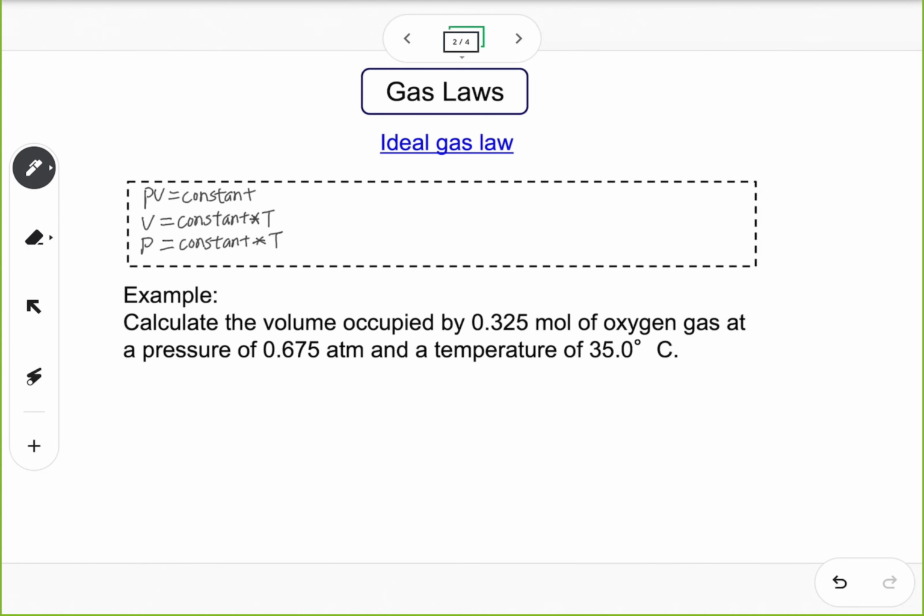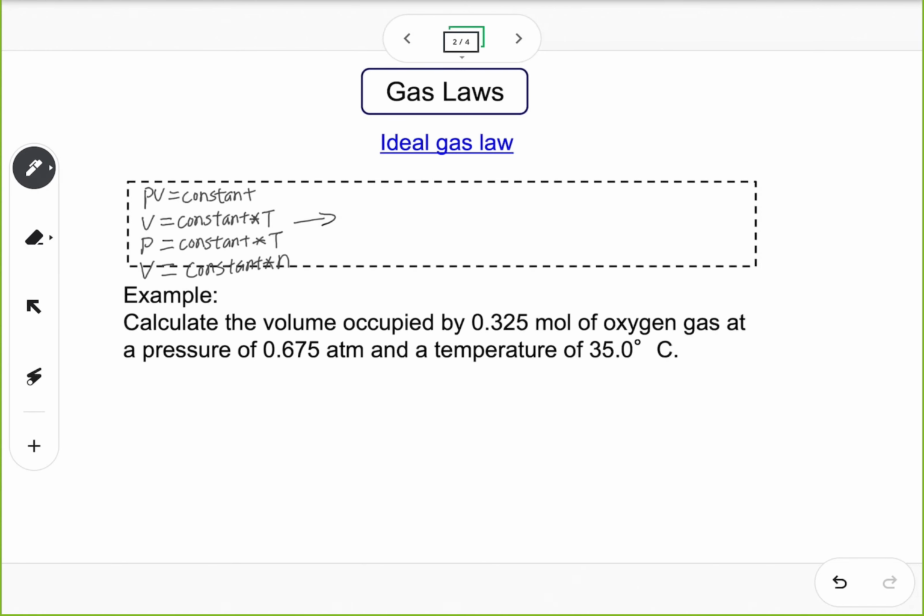And the last one, Avogadro's law, we know that V equals a constant times mole number.